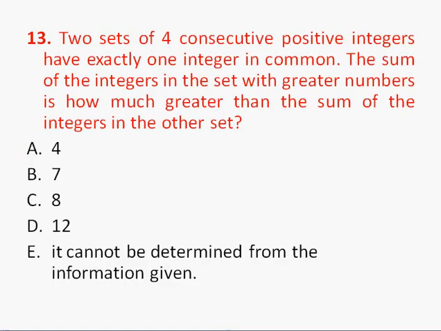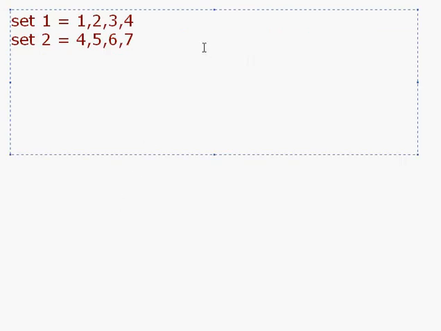According to the question, there is one common integer, so the last one should be the common integer. Alright, so what will be the sum of set 1? 10 is the sum, right? And what is the sum of set 2? 22, right? So if we subtract, the difference will be 22 minus 10, that is equal to 12.